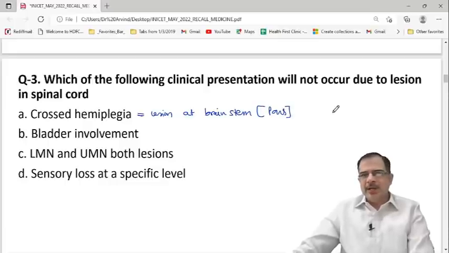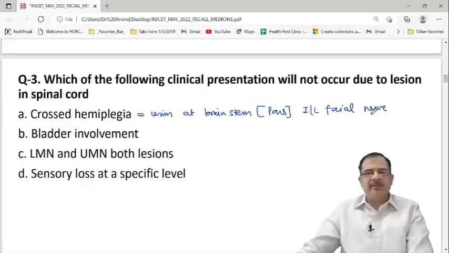Lesion at the pons. So when the lesion at the pons is there, it will produce an ipsilateral facial nerve involvement. So ipsilateral facial, because the facial nerve arises from the pons, so this will be the lower motor neuron type of the lesion in the pons.